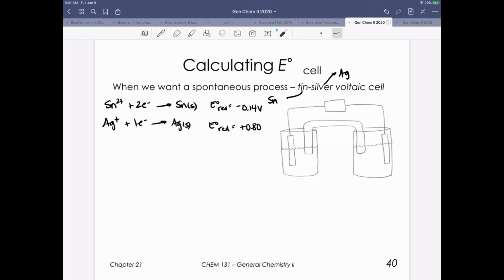Think about how you'd get a net overall reaction, and what that means is going to go into our voltaic cell diagram here. So first, let's just try figuring out what our overall Ecell is going to be for this balanced chemical redox reaction.